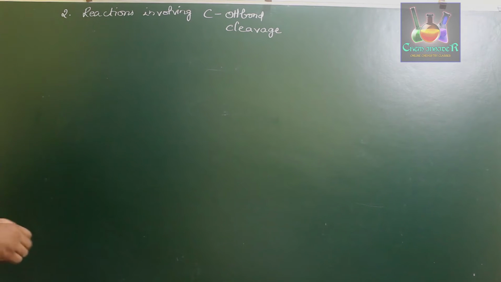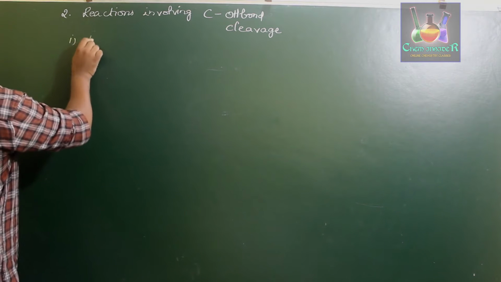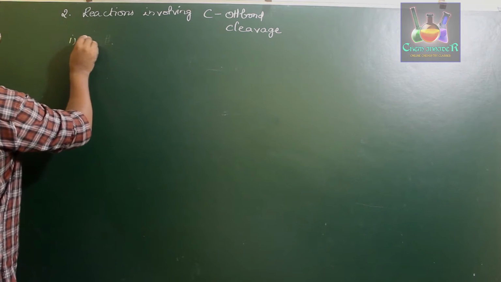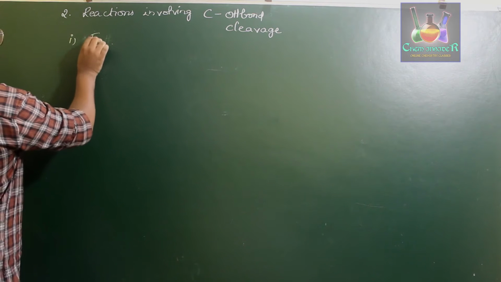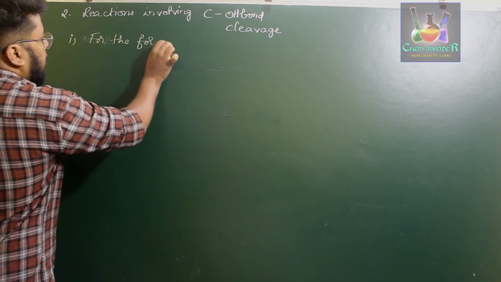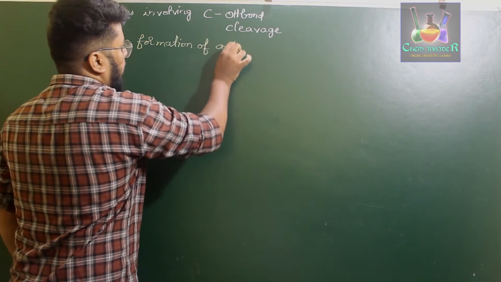Now first we will discuss the reaction of carboxylic acid for the formation of anhydrides.